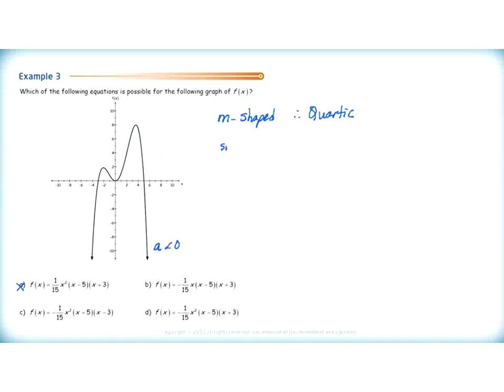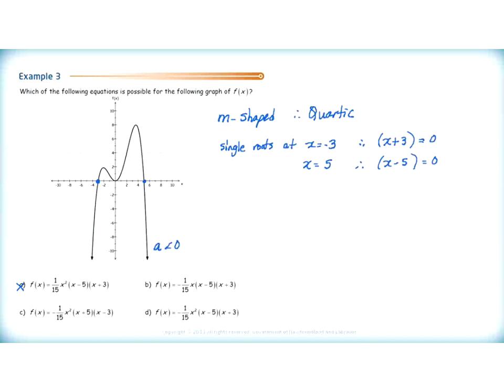I see that we have single roots at x equals -3. Therefore, x plus 3 will have a multiplicity of 1. We have another single root at x equals 5. Therefore, x minus 5 will be another factor of the polynomial function.